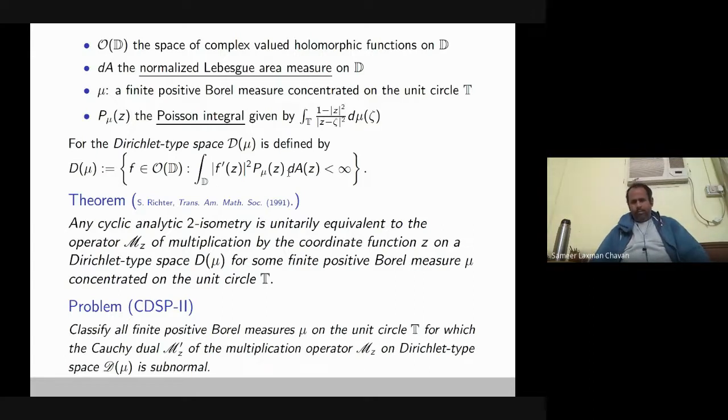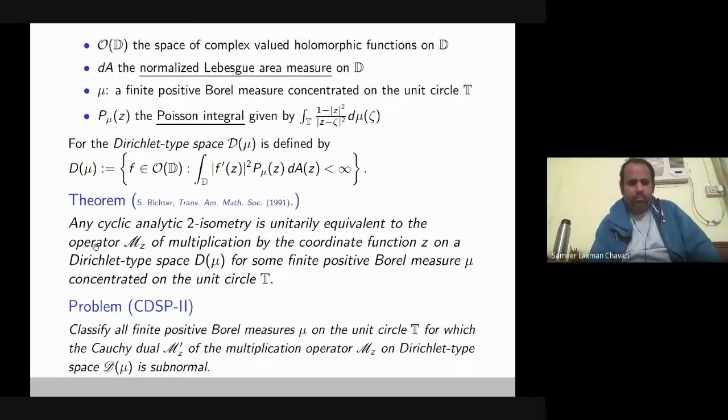You can add the Hardy norm to make it a norm, and this is a reproducing kernel Hilbert space, and it turns out that every cyclic analytic 2-isometry is multiplication by z on some D mu. So you can find a measure mu, and this is an old result of Richter, published in Transactions of the AMS in 1991.